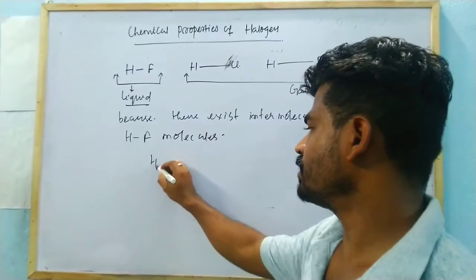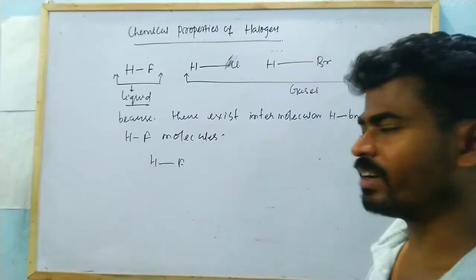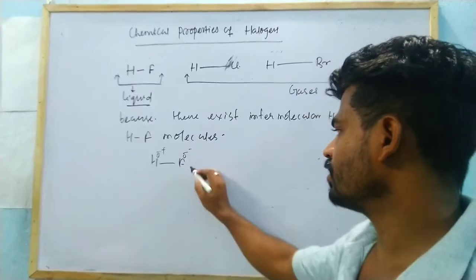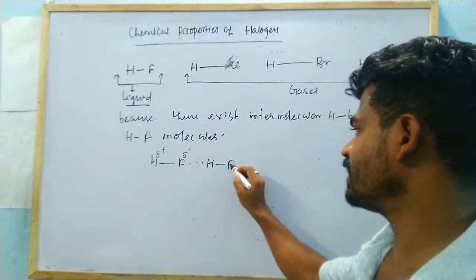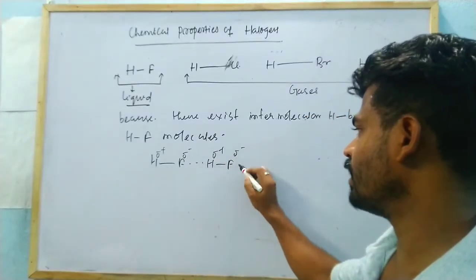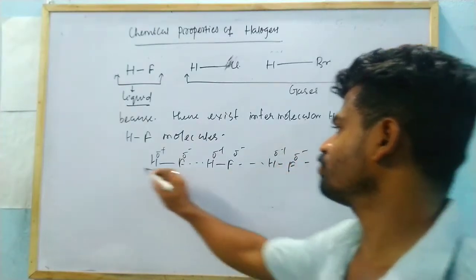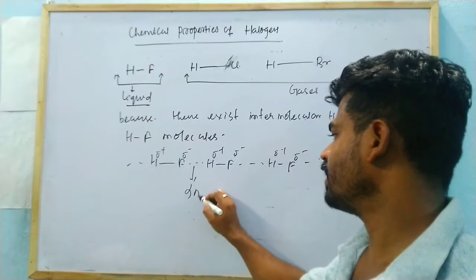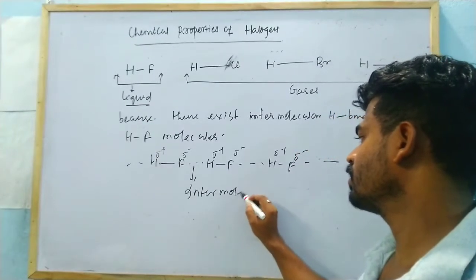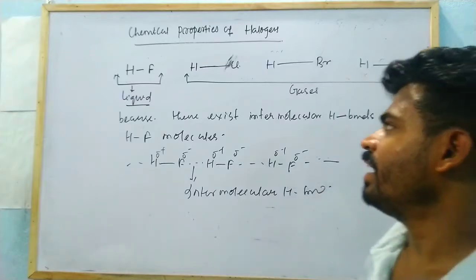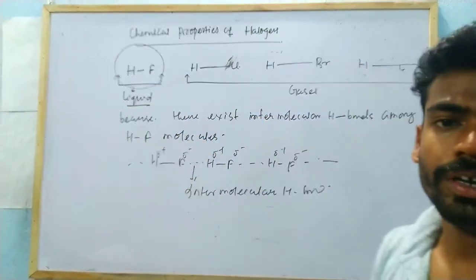In HF, fluorine is the most electronegative element, so there will be charge separation, delta plus and delta minus. So this dipole interaction exists there, delta plus delta minus, HF delta minus delta plus. That's why intermolecular hydrogen bonds exist, and that's why HF exists as a liquid.